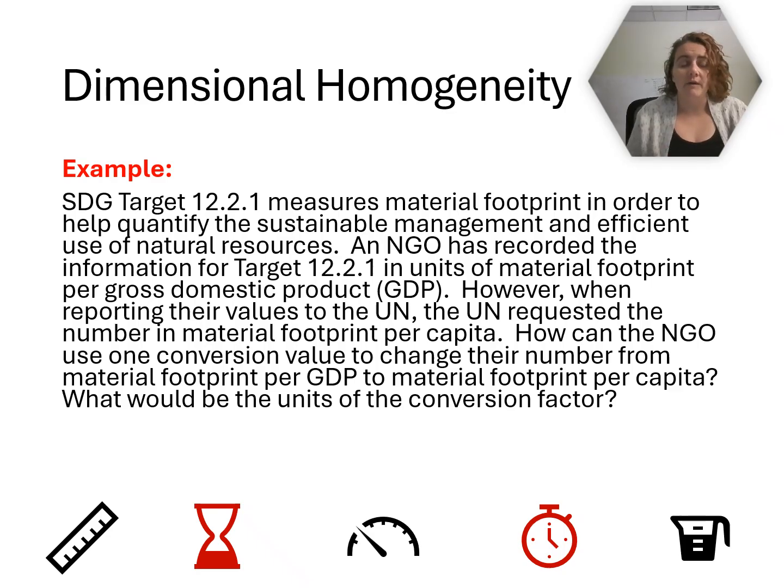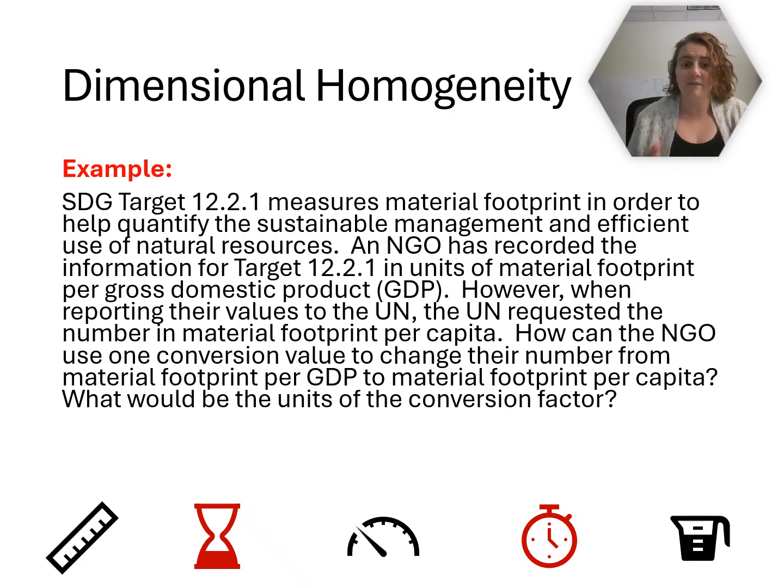For example, if we do some SDG work, target 12.2.1 is going to measure material footprint in order to help quantify sustainable management and efficient use of natural resources. A non-governmental organization, or NGO, has recorded their information for target 12.2.1 in units of material footprint per gross domestic product, which is also known as GDP.